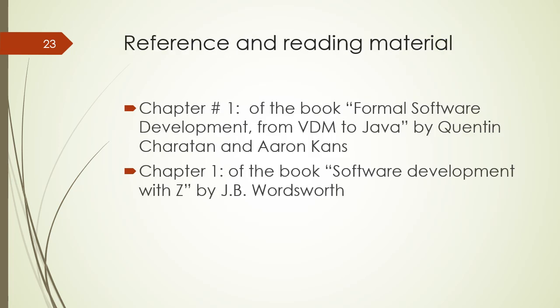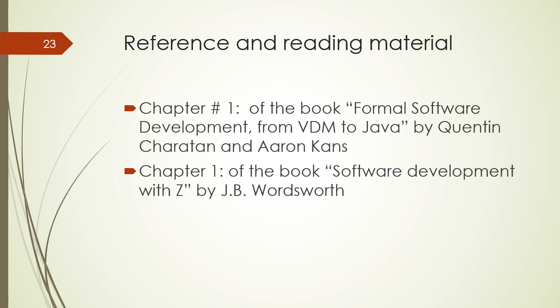Students, in this lecture, we discussed the issues in using conventional specification ways, which include natural language and diagrams. And we also discussed the advantages of formal methods for the specification of software.